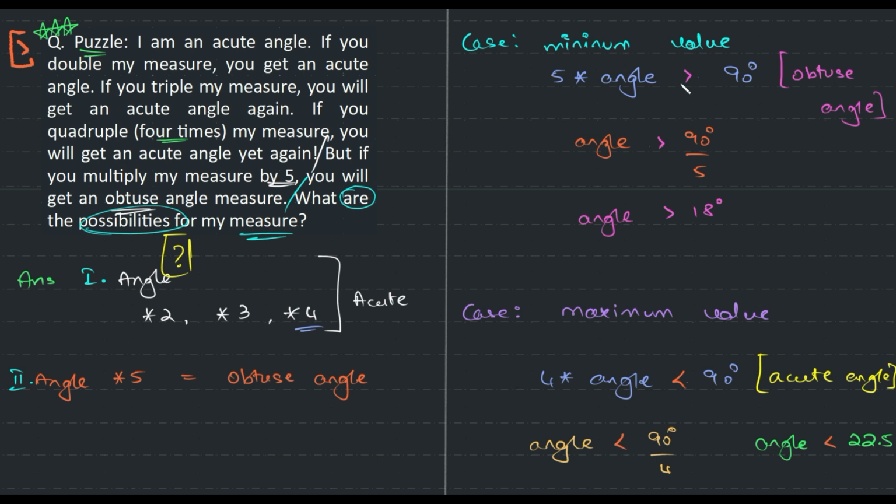So all I did was, if 5 angles are adding up to 90, then one angle should be 18 degree. But instead of the equal to sign, I change it to the greater than symbol. Now, maximum value: 4 times a particular angle should be less than 90 degree, because that's the condition. Less than 90 degree because it's acute. So divide by 4 both the sides, and we get 22.5 degree.